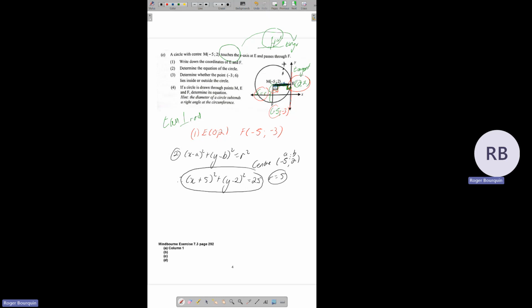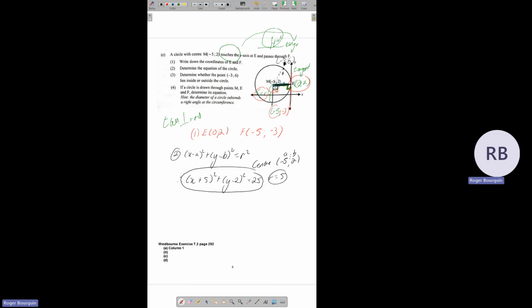But we do know that M is the center, and the coordinates of this point, I'm not saying it's outside, I'm just writing it down here, is -3, 6. So I'm going to find the distance from the center to that point. If the distance from the center to the point is bigger than the radius, it must be outside the circle. If it's equal to the radius, which is 5, it's on the circumference. And if it's less than 5, it's inside the circle.